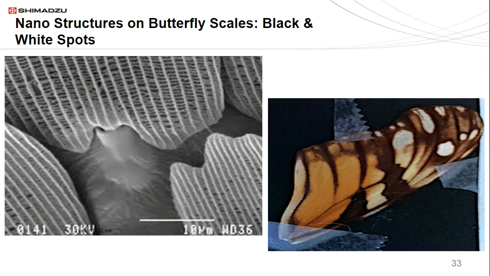So insects almost exclusively produce their color by physical diffraction, not necessarily by pigments or dyes. And this is because they have a hard exoskeleton of chitin, and you can produce very small structures in this that can literally diffract the light.